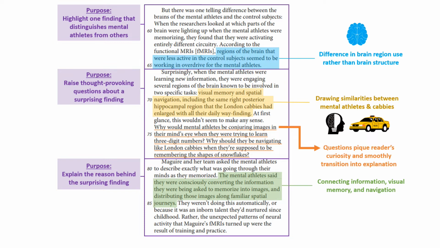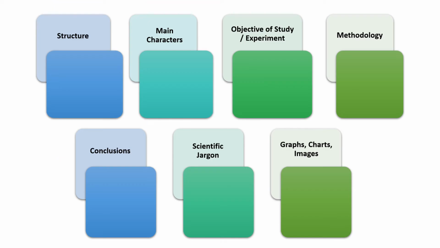In the last few sentences, words such as "automatically" and "inborn talent" are contrasted with training and practice to prove that training, not innate abilities, cause this unusual brain activity. Thus, anyone can achieve what mental athletes have achieved because they have trained extensively, and they weren't born with these specific abilities.